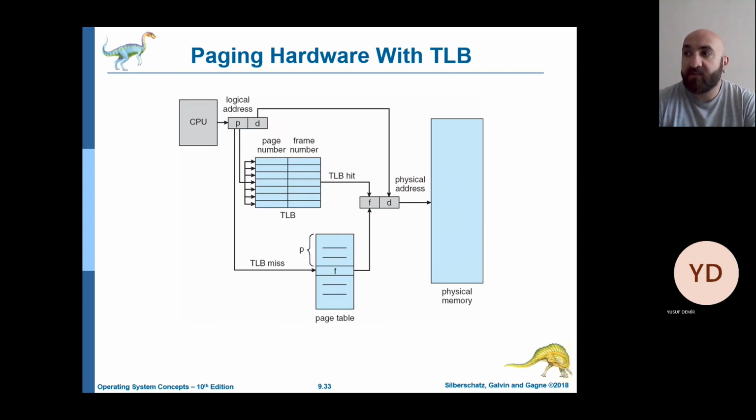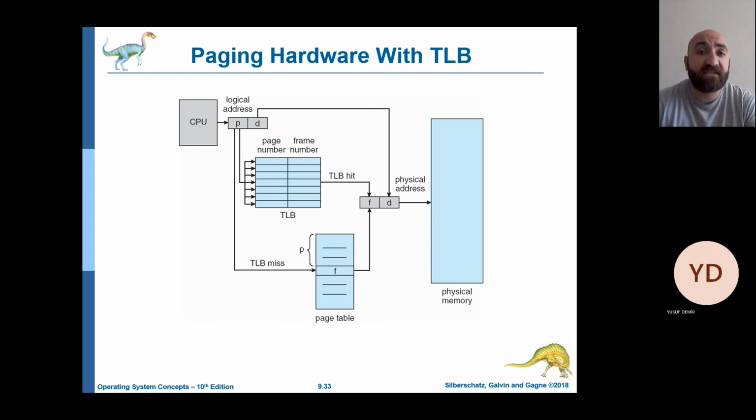Here you can see the paging hardware with TLB. The TLB is used with page tables in this way. The TLB contains only a few of the page table entries. It does not contain all page table entries; it just has a small size, holding some of them.